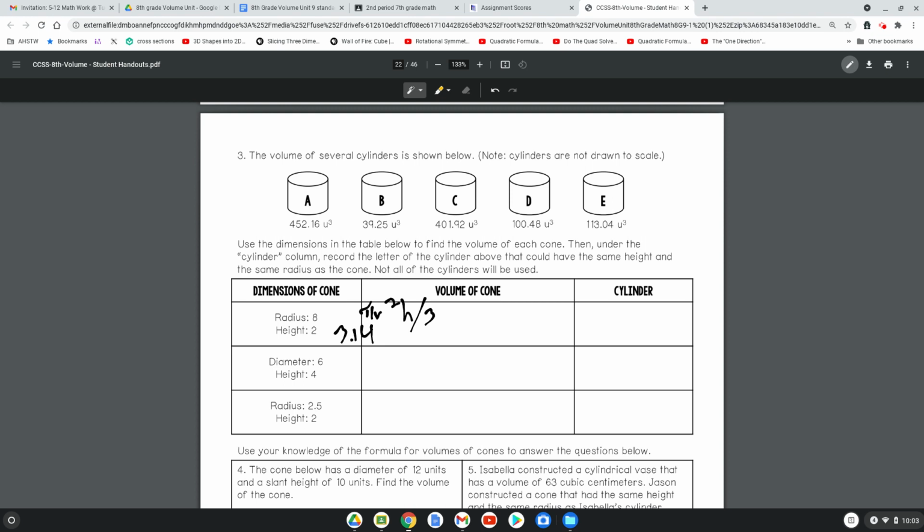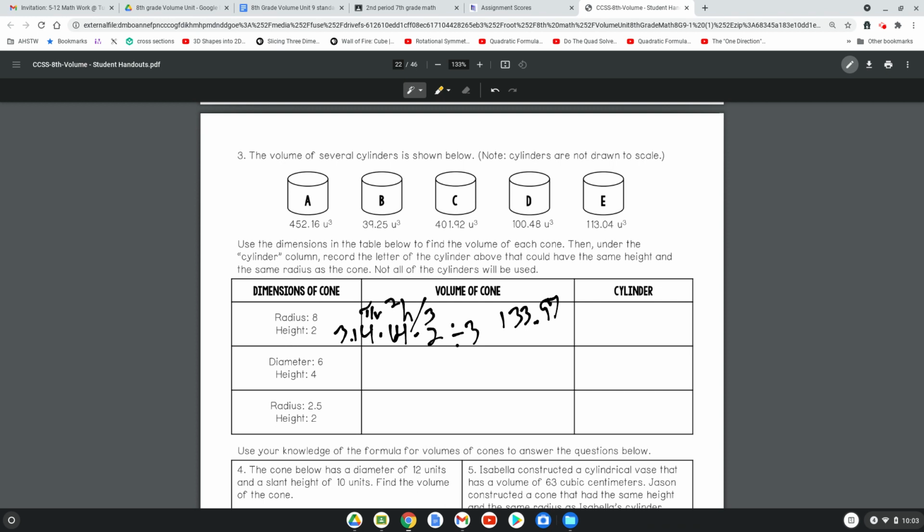The radius is 8, so we're going to times it by 64 because 8 squared. I'm putting dots for times. The height is 2, and then divide by 3. So that volume should be 133 point, we could just round it. I'm just going to do 0.97. And then it's units cubed.